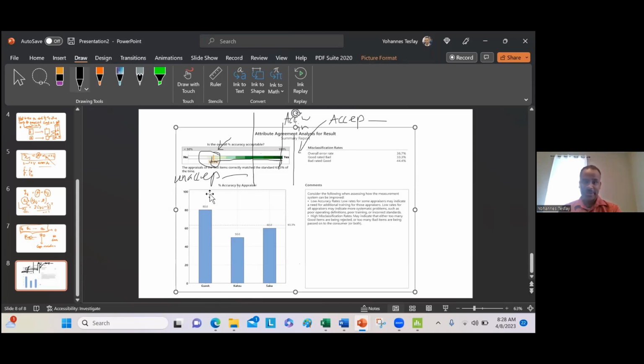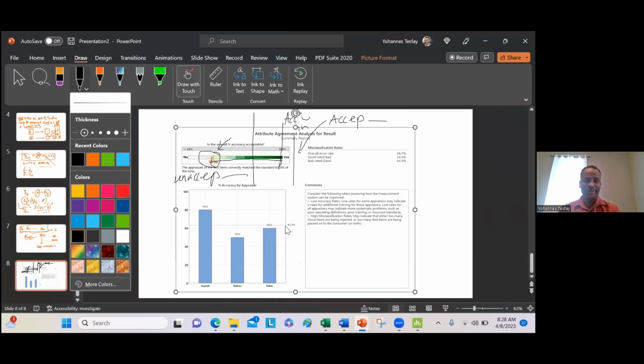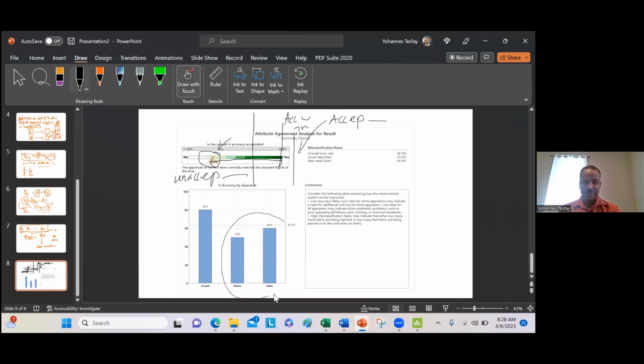You see, he scores about like 80%. Kasu only 50%, and Saba only 60%. So those two operators need to get training.